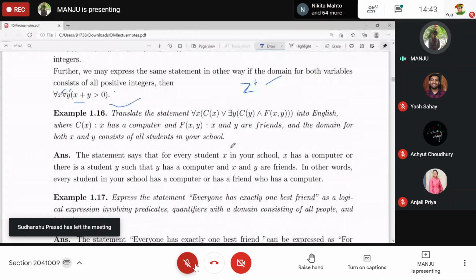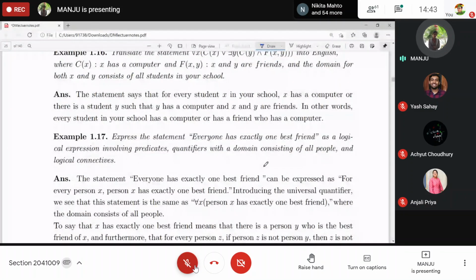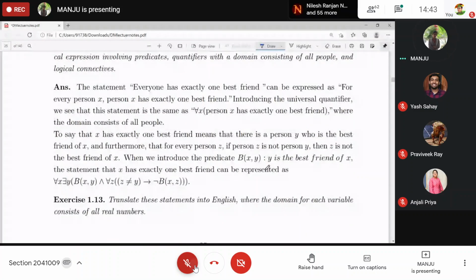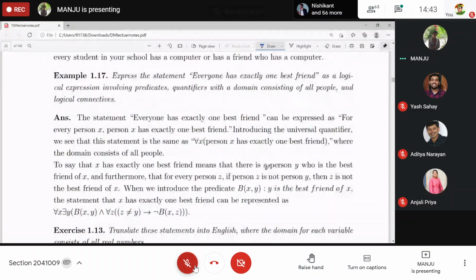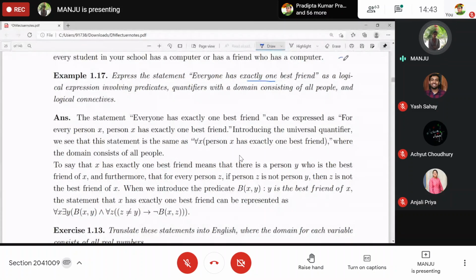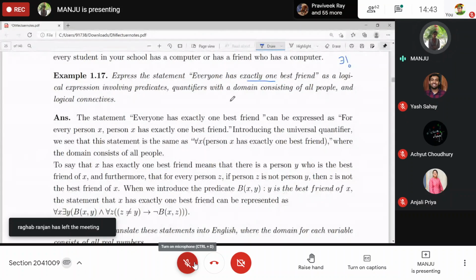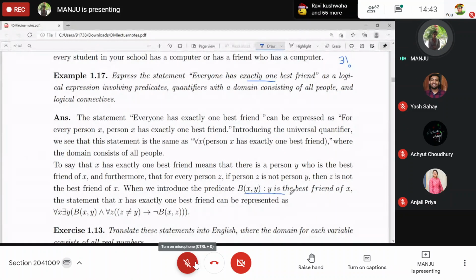Then we did retranslation from logic to English, English to logic. One best friend. Here, whenever you find exactly one, you can use there exists unique, there exists exactly one. So everyone has exactly one best friend. So B(x,y), you can take: x has best friend y, or y is the best friend of x.